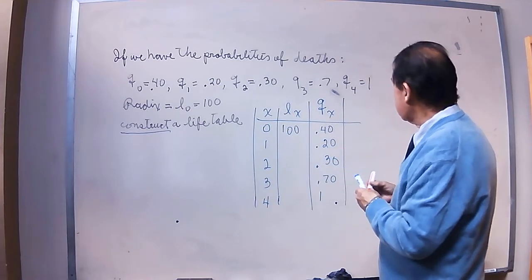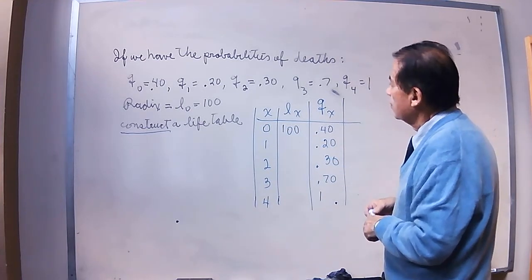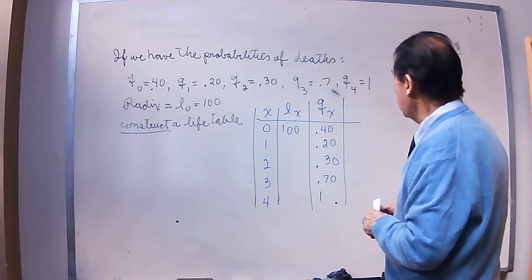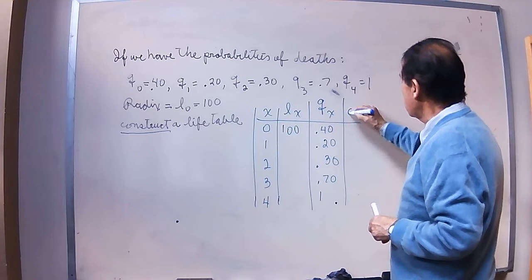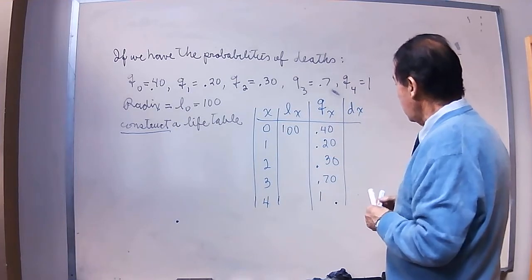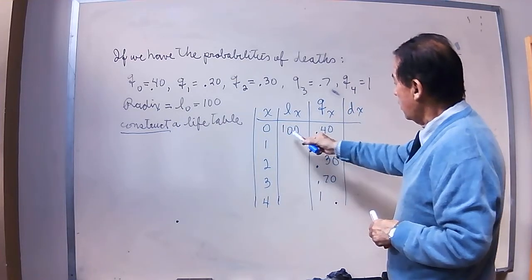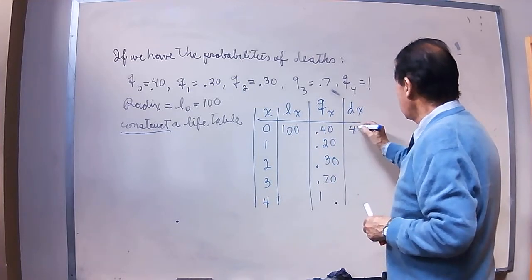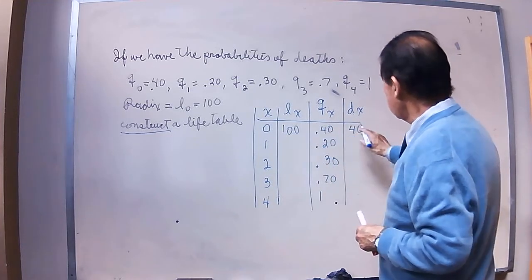Okay. With this specification clarified, we're going to multiply to get the number of people who will be dying at every age. If we multiply 100 by 0.40, we will have 40 people dying at age 0.